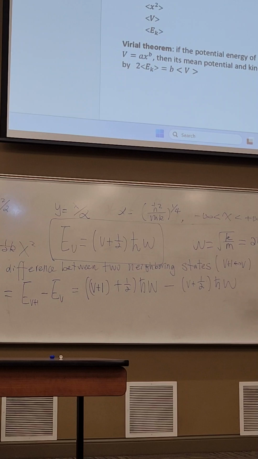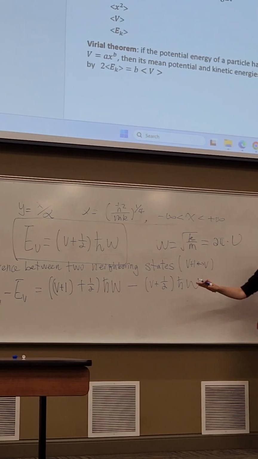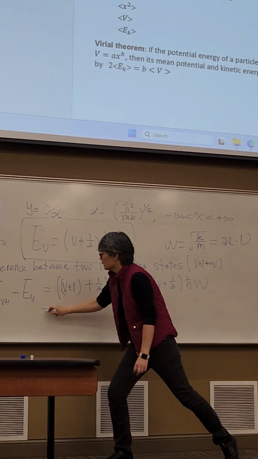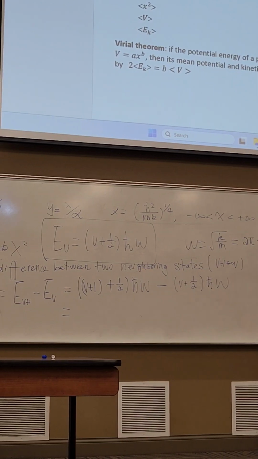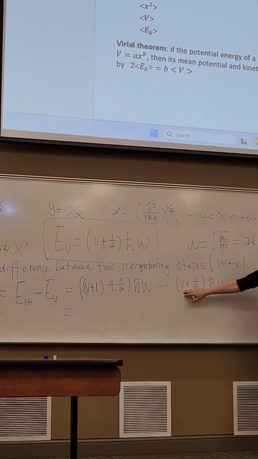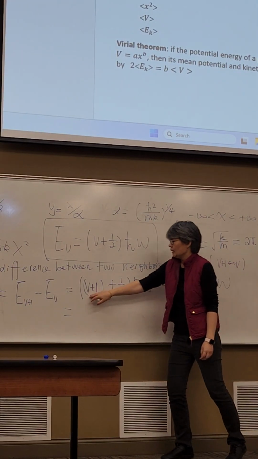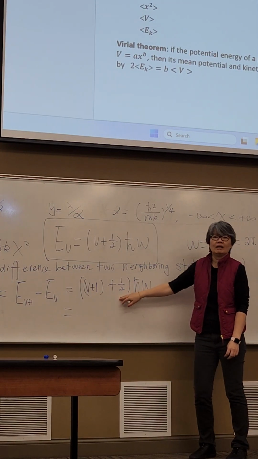Now, if you do this math, what will be the result? H bar omega. Yeah, so you have a v h bar omega, v h bar omega, you have half to here.